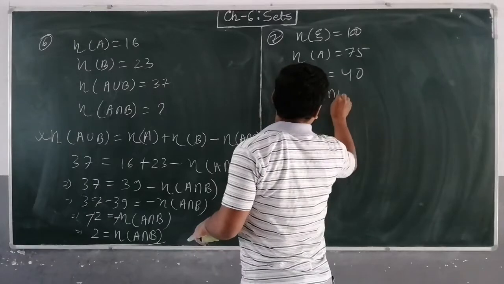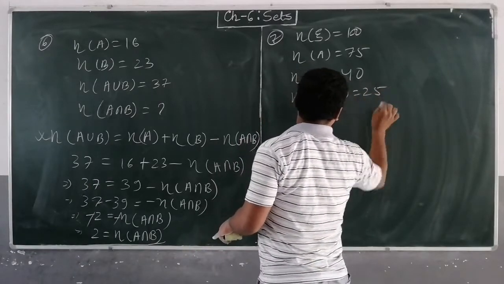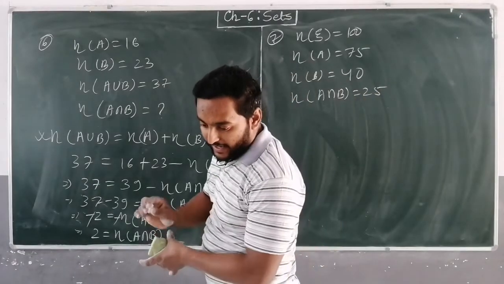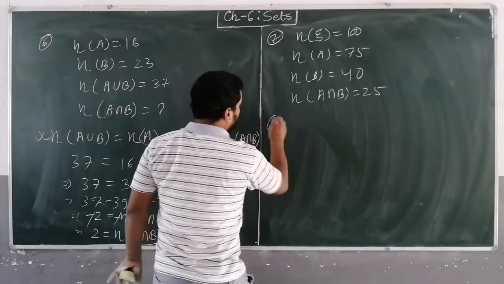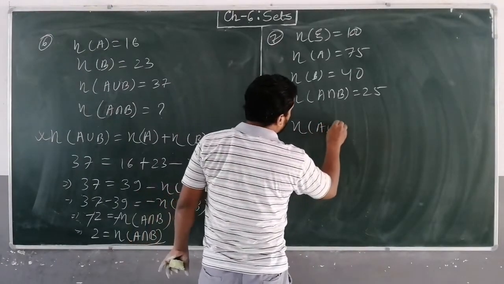What you have to find: first part, cardinality of A union B.